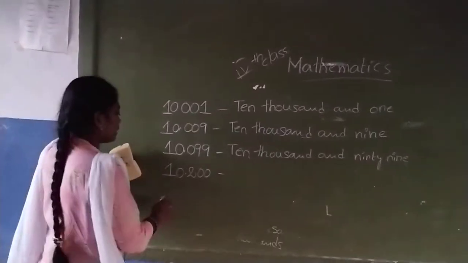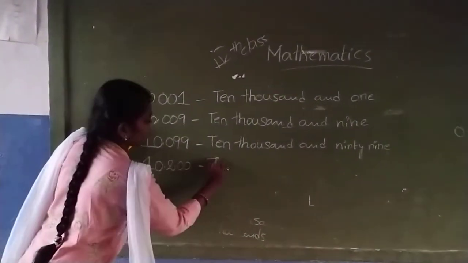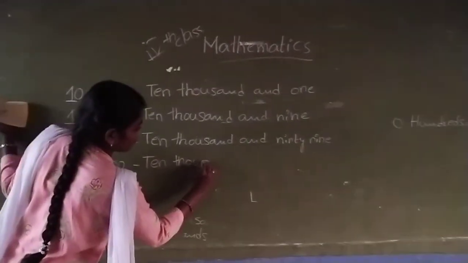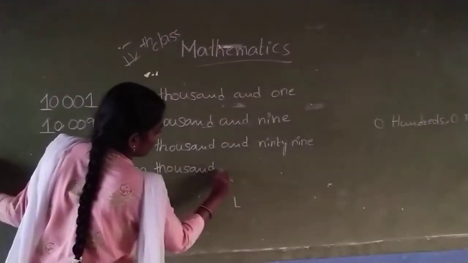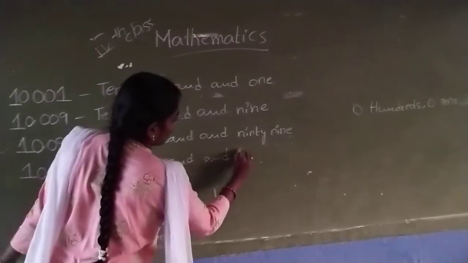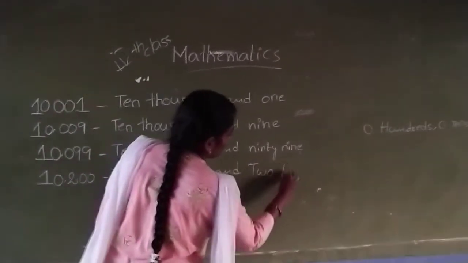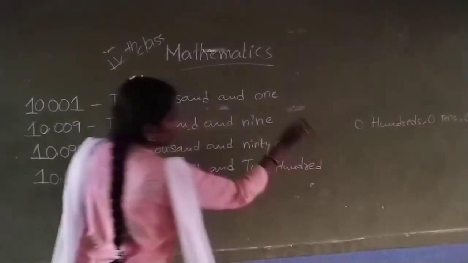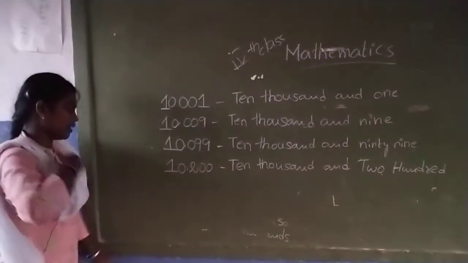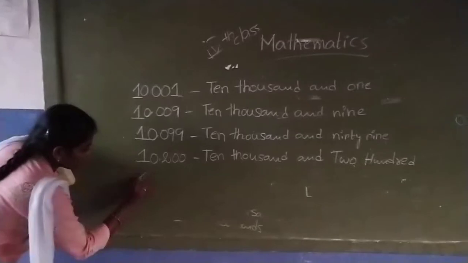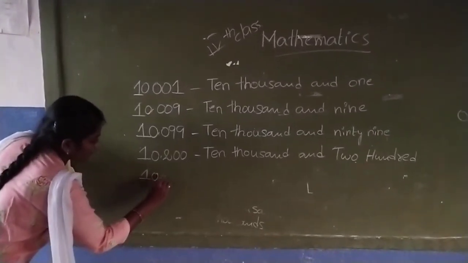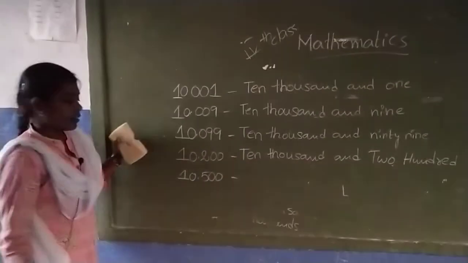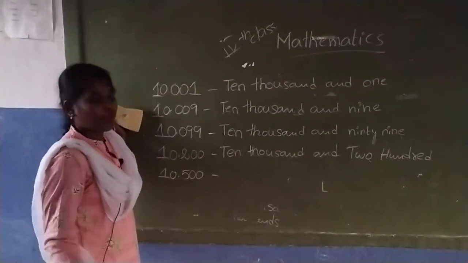In the same way, this can be read like this: 10,200. In the same way, this can be read like this: 10,500.